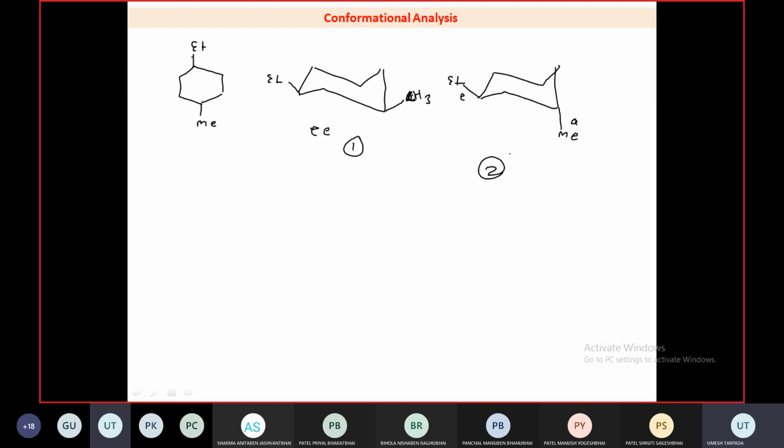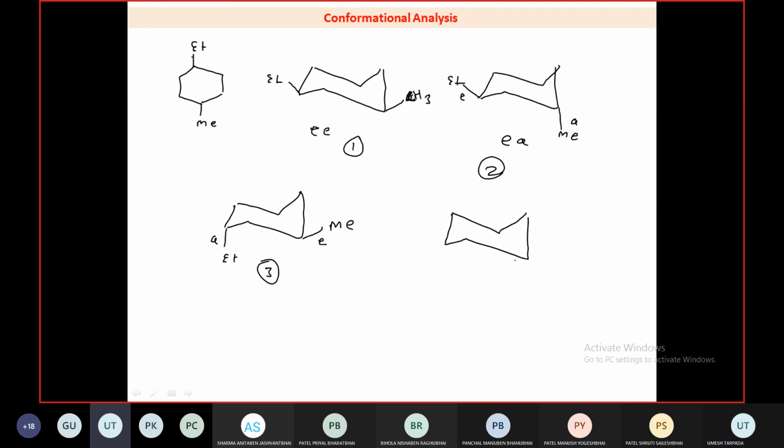Third structure, methyl is equatorial, ethyl is axial. Fourth structure, both are at axial. Now you tell me which one is more stable.